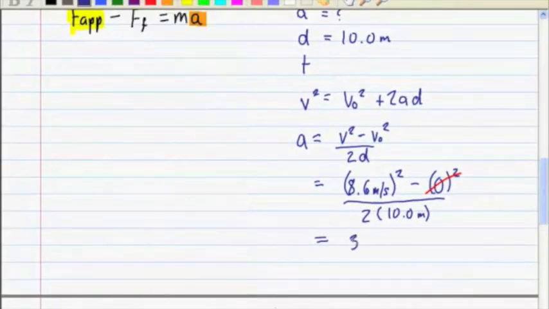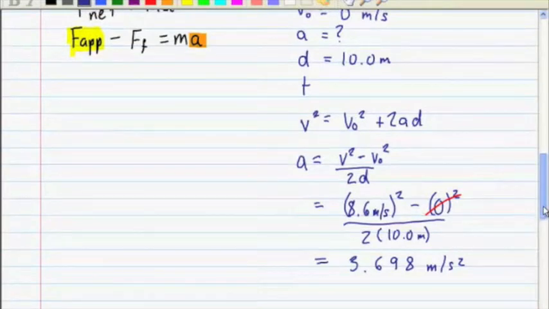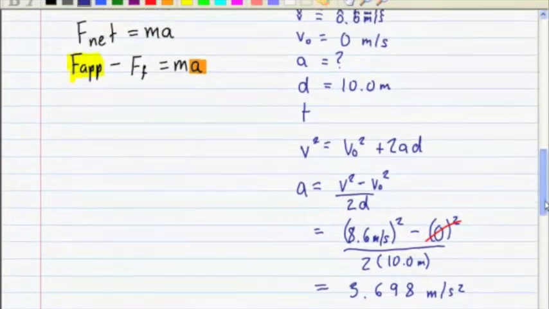So let's write that down, 3.698 meters per second squared. Now, there's no point in rounding that off because we're still going to use that in our calculation, so we're not quite finished with it. We'll keep all those sig figs until we're totally done.